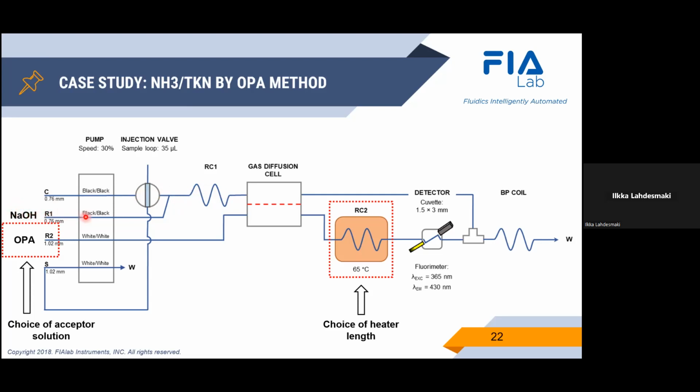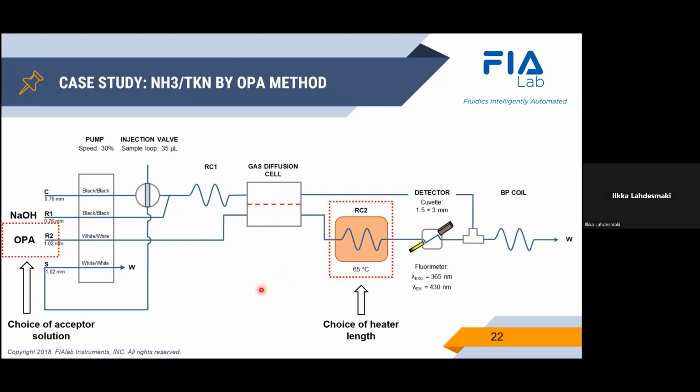We have a solution of sodium hydroxide that we're mixing in to make ammonia volatile. Then we have the gas diffusion cell that's there for ammonia to diffuse across the gas permeable membrane. And finally, we have a solution of OPA that flushes the acceptor side of the gas diffusion block and then takes the ammonia onwards to a heated coil and then to the fluorescence detector.